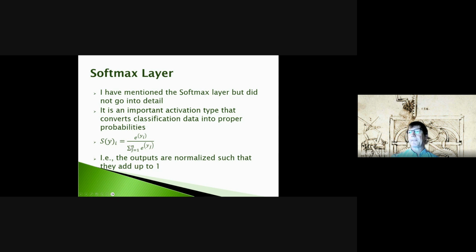the outputs are normalized. So if you have, let's say, an output layer that's trying to classify between cars, bicyclists, and pedestrians, then that neural network may try to make the best assessment of what some object is in its view, and it might assign an 80% likelihood that it's a car, and 50% likelihood that it's a bicycle, and 5% likelihood that it's a pedestrian, right?